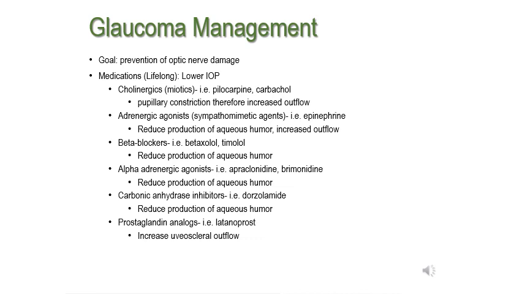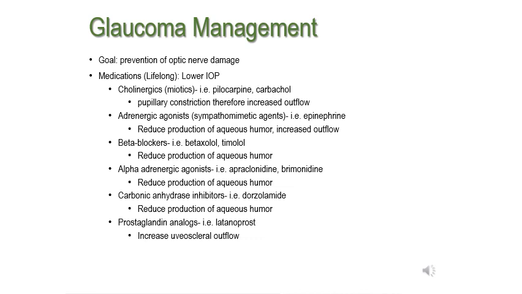You'll need to spend some time looking at these medications. There are multiple categories of eye drops that I have listed here. If you look at the very first one, the cholinergics, those are the miotics. The miotics constrict. Remember, the mydriatics dilate, and there's a D in mydriatic to help you remember the dilator versus the constrictor.